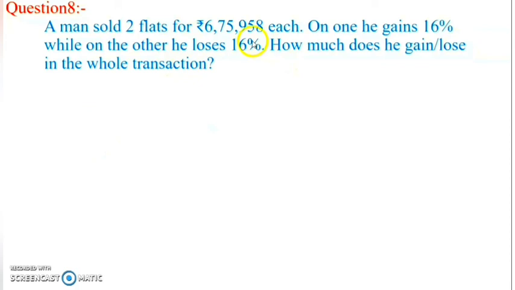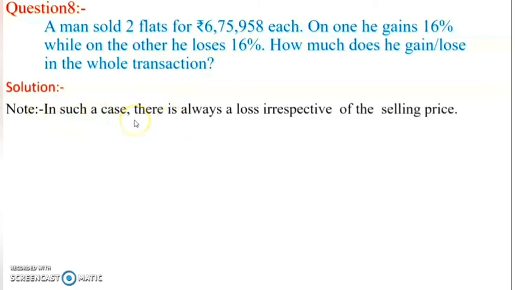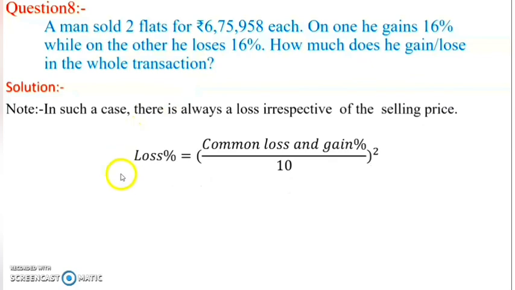In such a case, remember that no matter what the selling price is, if the gain percent and the loss percent are the same, then the person will surely face a loss. Using the formula, loss percent equals (common loss and gain percent upon 10) whole raised to 2.